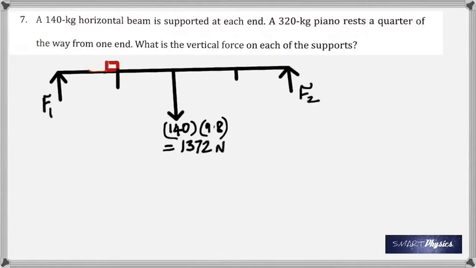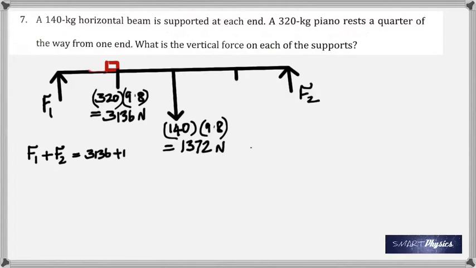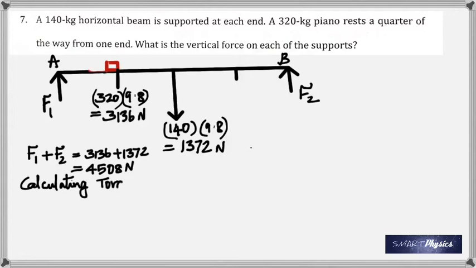And the forces at the supports are F1 and F2 upwards. This is 3136 Newton. Now condition number 1, the sum of the forces F1 plus F2 is equal to the sum of the forces down, which gives 4508. And then you calculate the torque about, you can calculate it about any point, but I'm taking it about A.